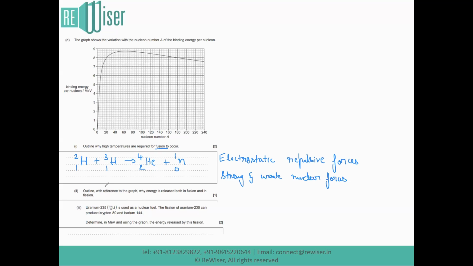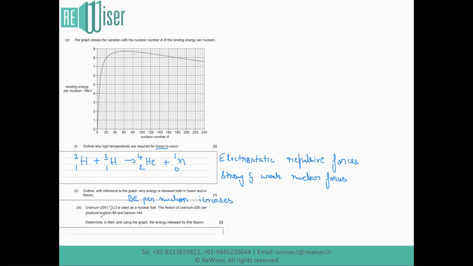We could straightforwardly indicate that the energy being released in both nuclear fusion and fission reactions is particularly because the specific binding energy, also known as the binding energy per nucleon, increases on the resultant side or the product side of the nuclear fusion and the nuclear fission reactions. Moving on to the next part.